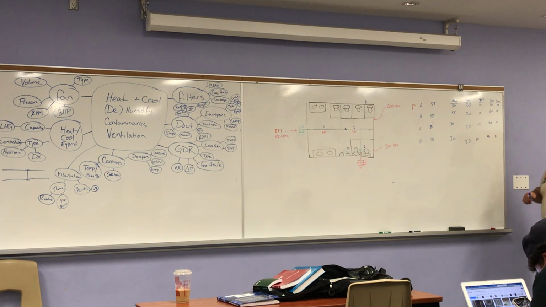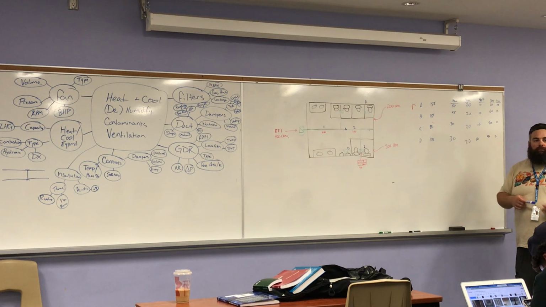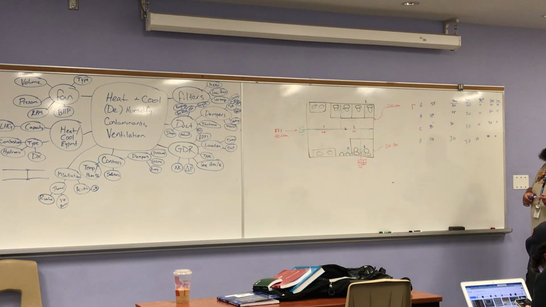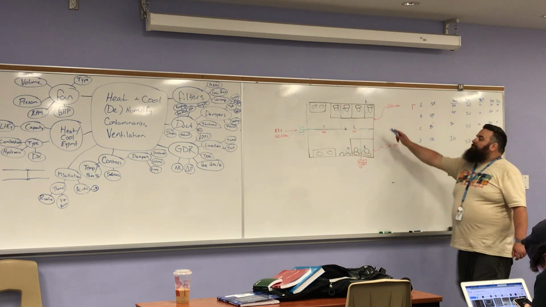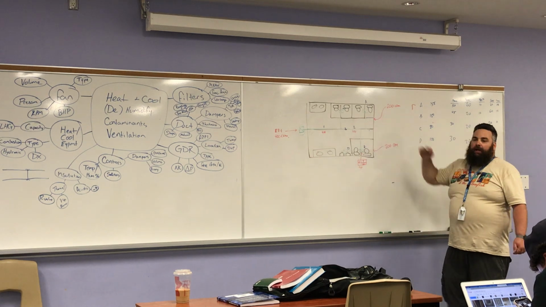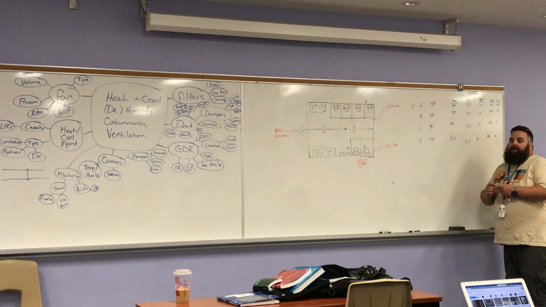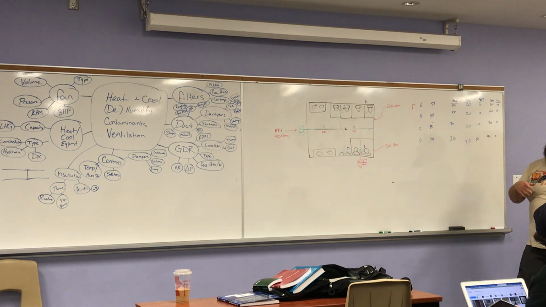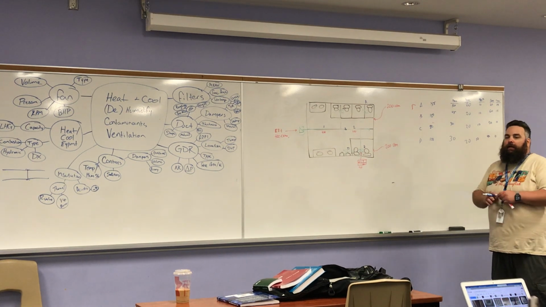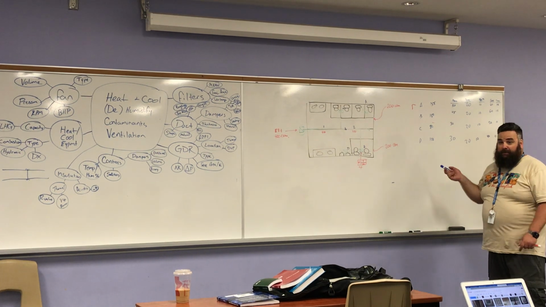Okay? So what we're trying to find here is our longest run. Which one has the longest run? A. That is the most restrictive path. So that is what we would design around, okay? We would then figure out a pressure drop in straight duct to come up with a size for that.